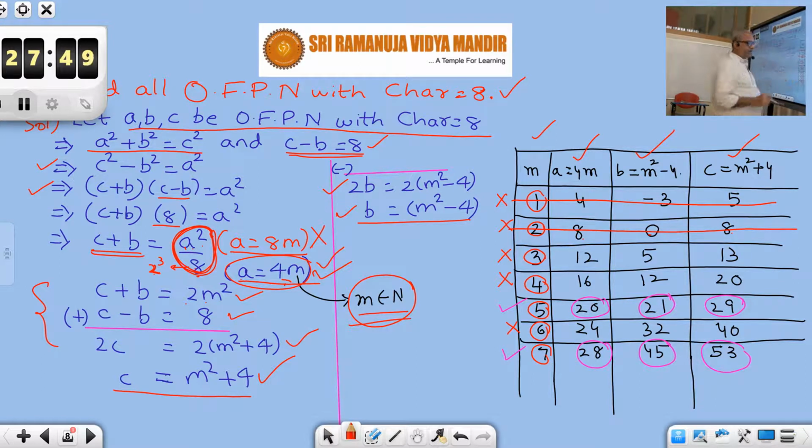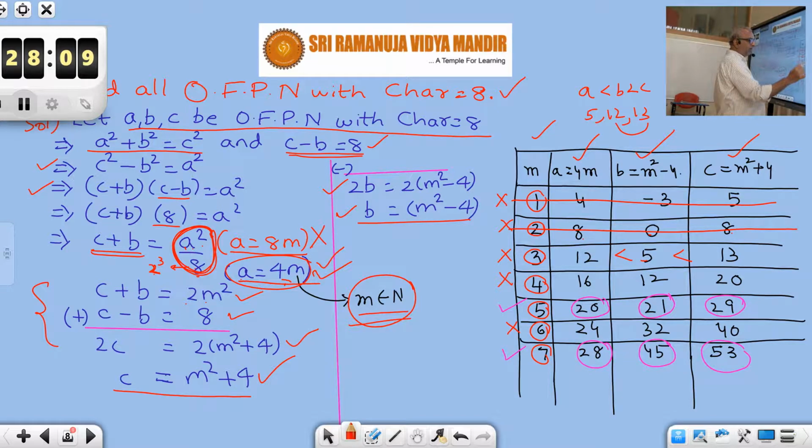These should be removed. Why? There is a condition for ordered Pythagorean numbers, a less than b less than c, but 12 less than 5 less than 13 is not correct. These are actually 5, 12, 13. For 5, 12, 13, the characteristic is 1, not 8.